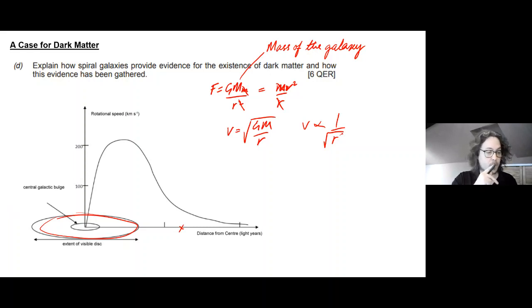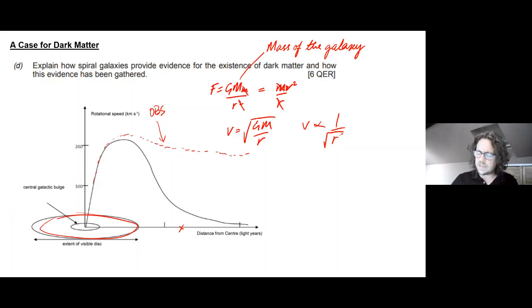However, and this is the important bit, when we look at the actual observations of these stars at the edge of galaxies, we find that the observation tells a very different story. There's something going on here.